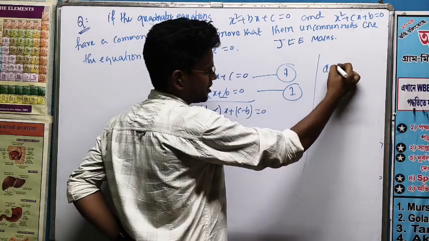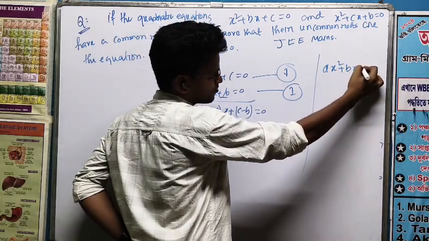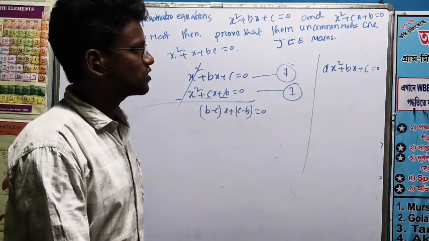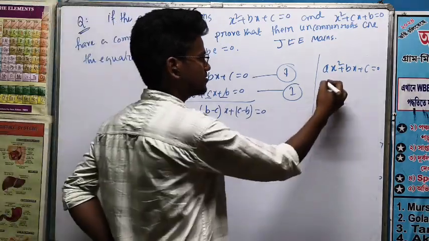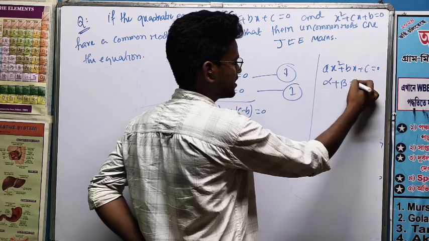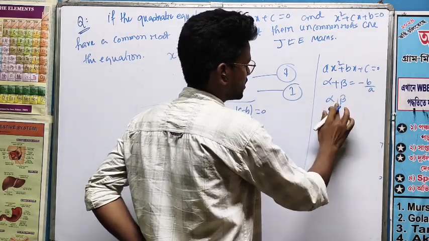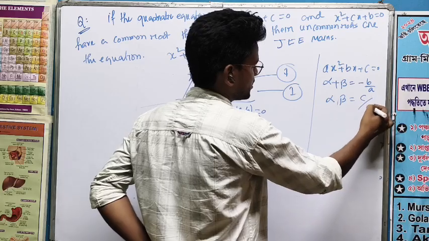For ax square plus bx plus c is equal to 0, we know the relation between the coefficients and the roots: alpha plus beta is equal to minus b by a, and the product of the two roots is equal to c by a.